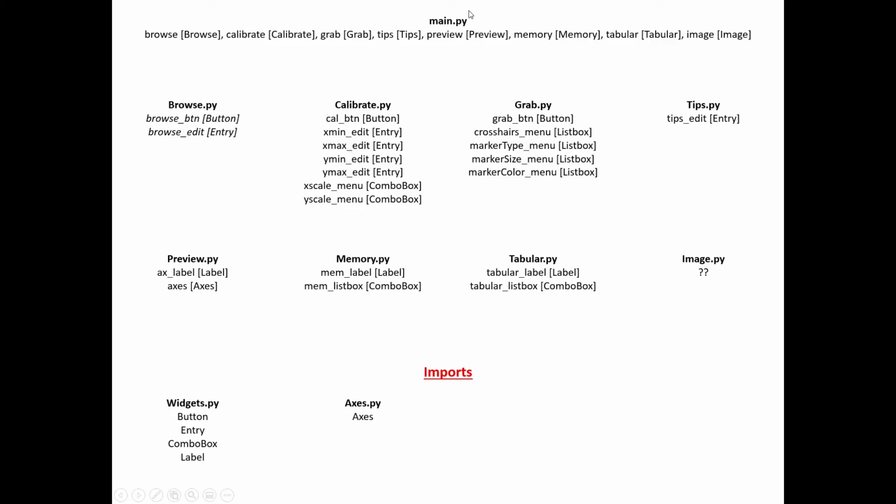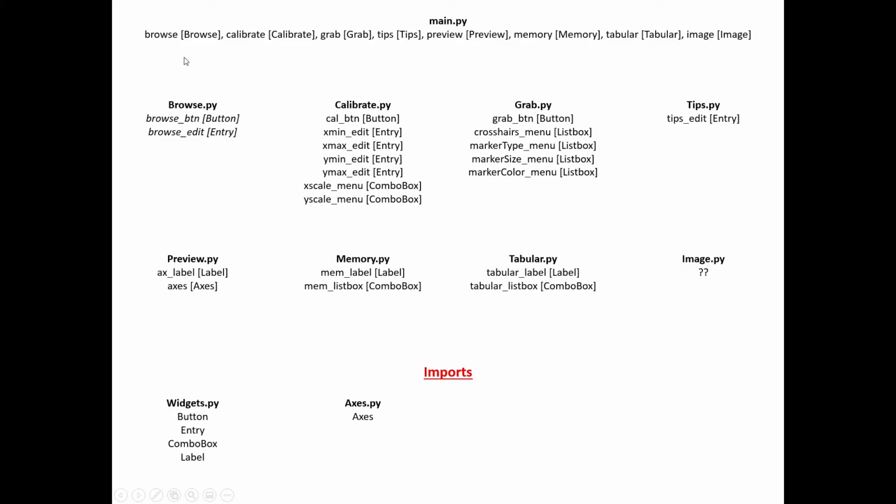So I'll basically just have main.py, and these correspond to the major fields that I had on the previous slide. So browsing to select your image, calibrating the axes, actually grabbing the points, the tooltips, preview, memory, the tabular data, and then the image itself.